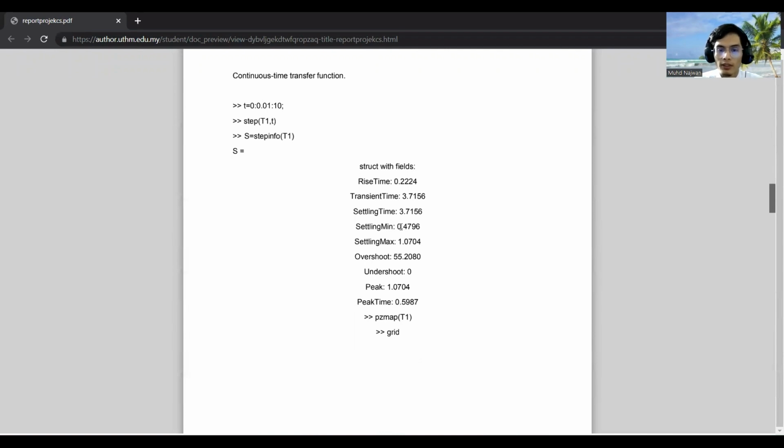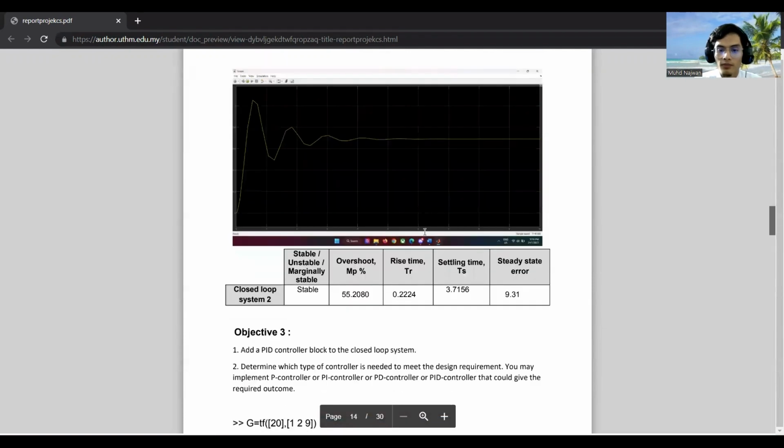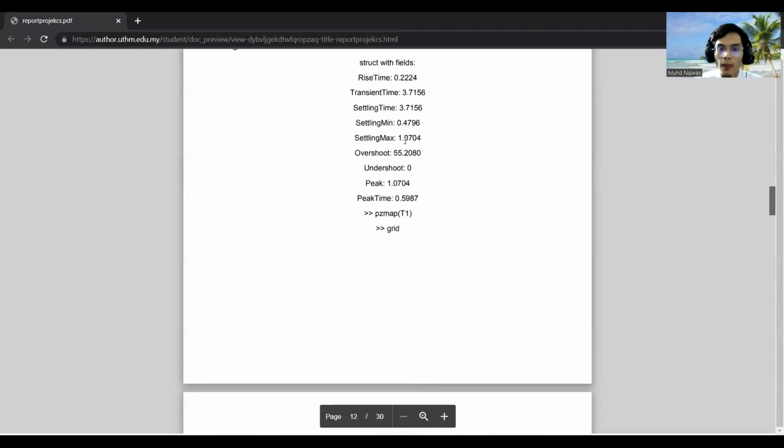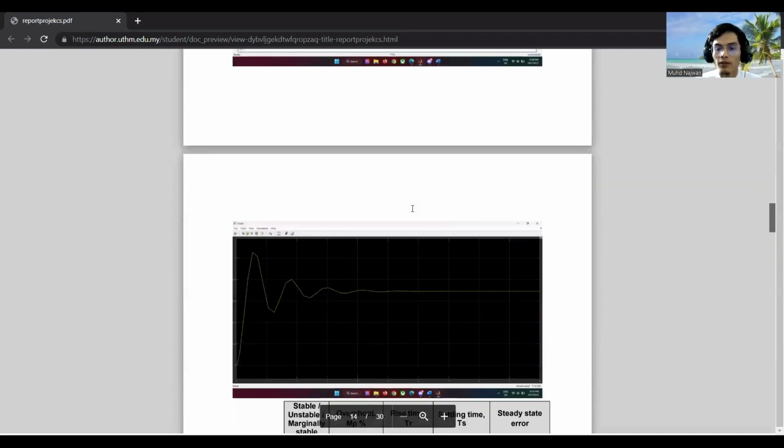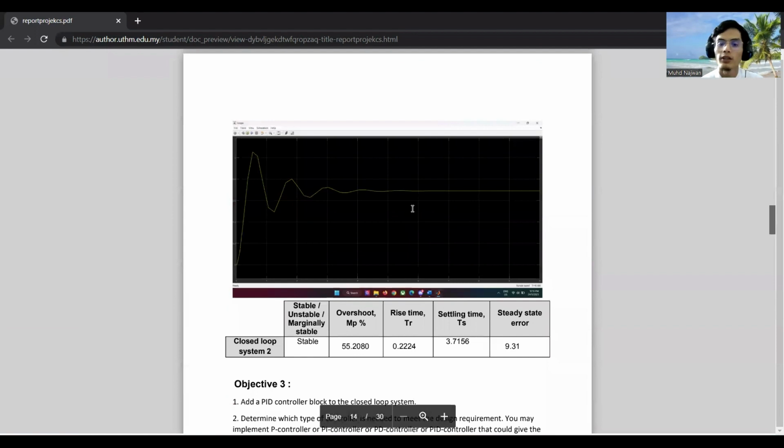Settling time is 3.7156. Overshoot is 55.2080, and the steady state error from the graph is 9.31. So from the graph, we know that closed loop system 2 is stable.